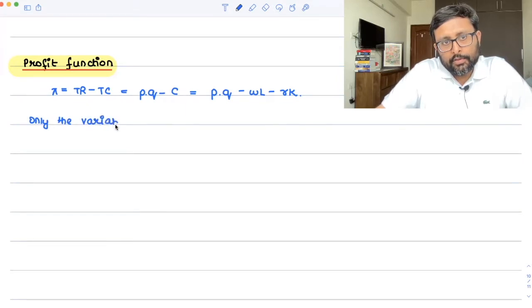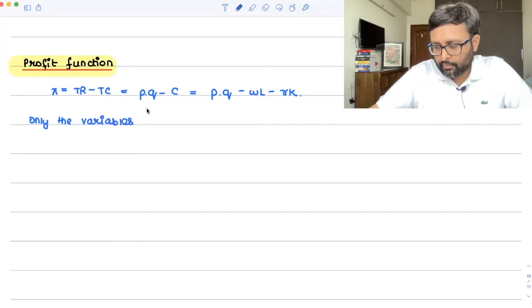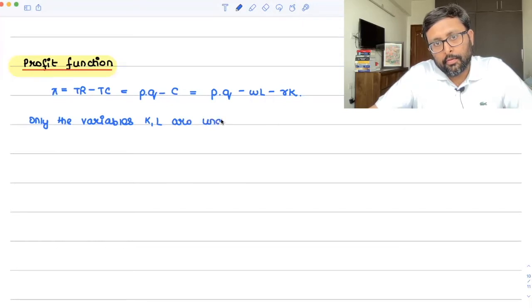Only the variables K and L are under the firm's control.